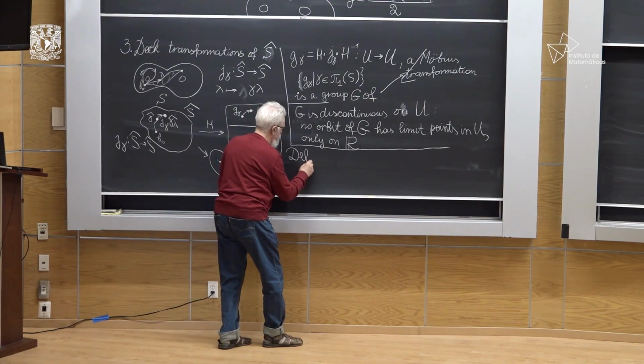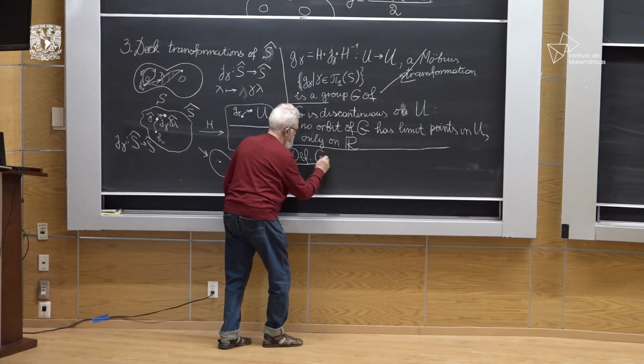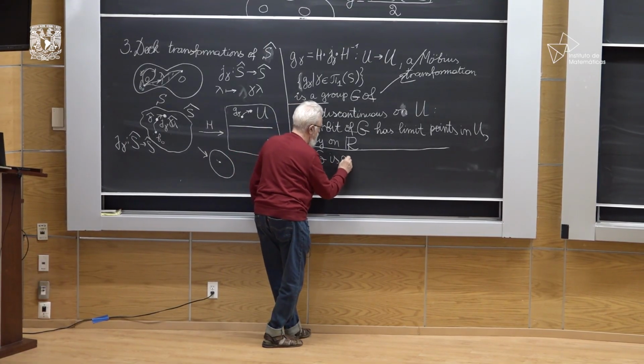Definition: G with these properties is a Fuchsian group.